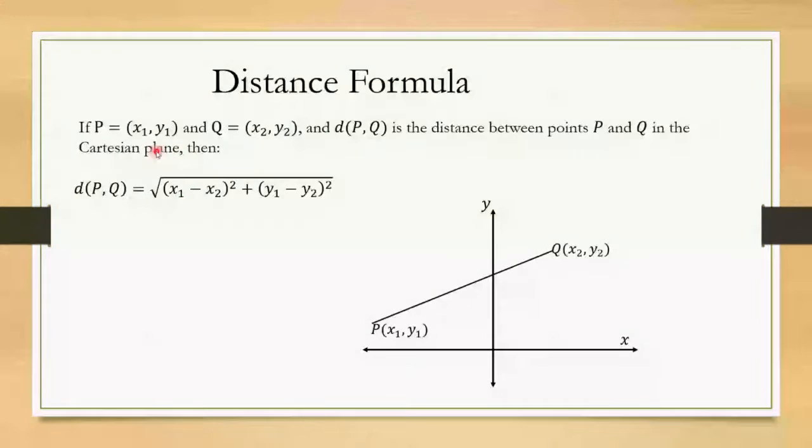All this is saying is you subtract the x coordinates from each other and square the difference. Subtract the y coordinates from each other and square that difference. Add the squares, then take the square root of that sum.